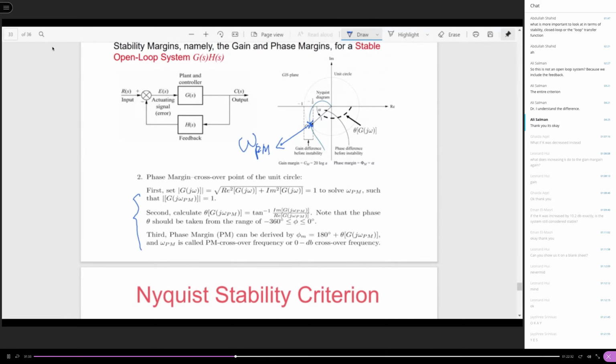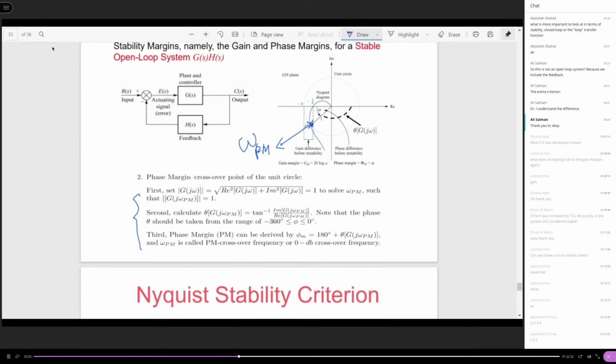This phase margin crossover frequency is going to be very important in characterizing the system performance. Later on we're going to talk about that. It is a very important parameter to characterize the system's performance. And don't forget, you can find this omega PM from the open loop system's Nyquist plot.